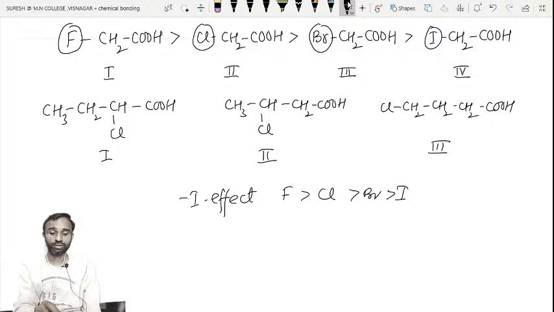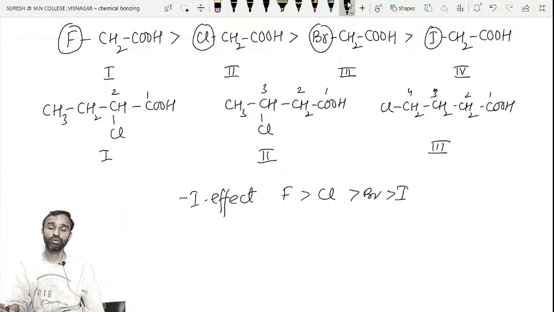What about this? 2-chloro, 1, 2, 3, 4. Butanoic acid, 3-chlorobutanoic acid, and 4-chlorobutanoic acid. They are chlorobutanoic acids: 2-chloro, 3-chloro, and 4-chlorobutanoic acids.